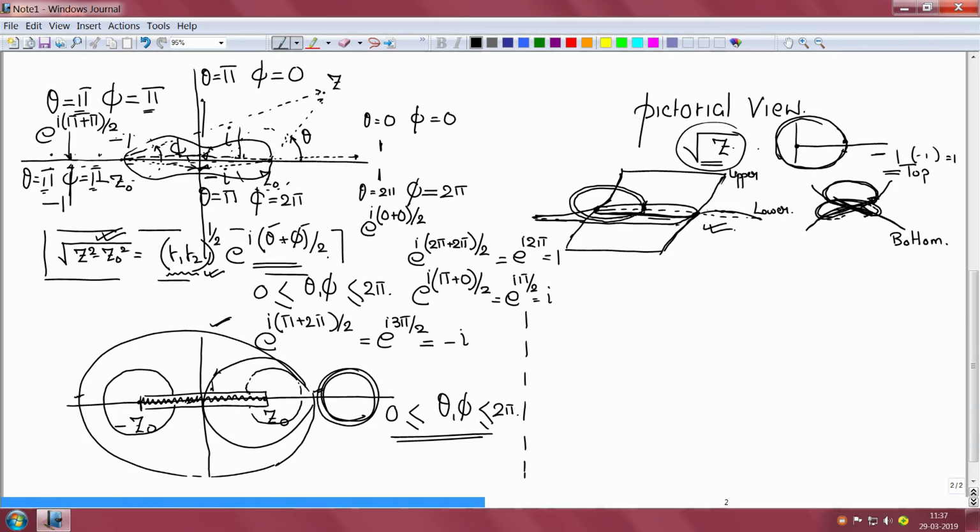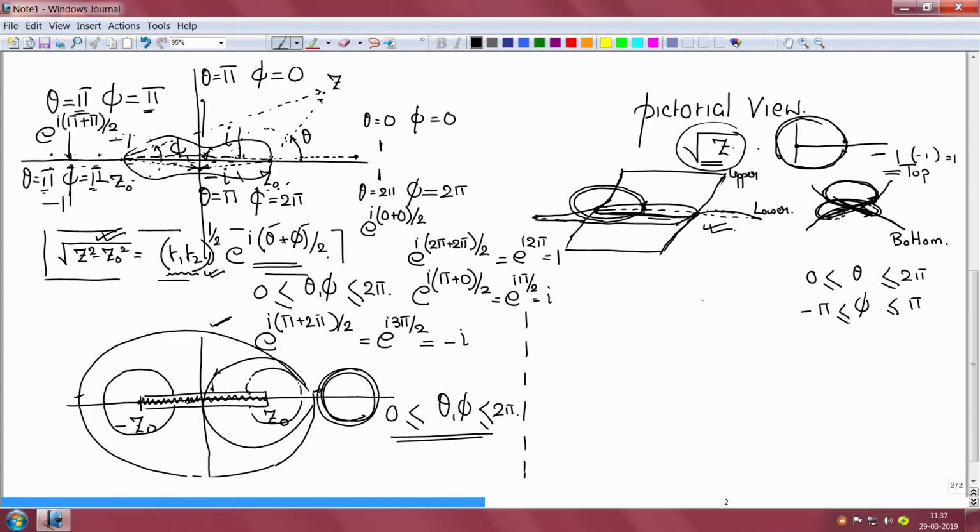Now let us give the definition theta between 0 to 2 pi and phi between minus pi to pi. Let us see what happens.